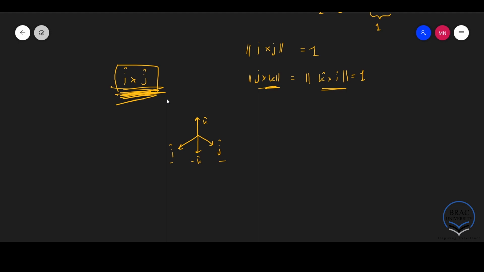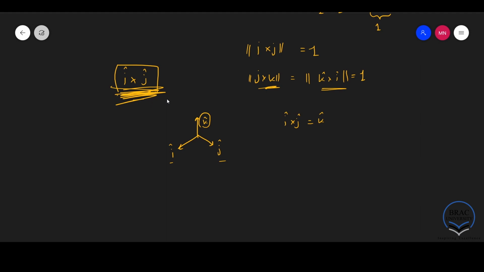So I can just apply the right-hand rule to determine which of these directions it is going to be. If I point my index finger in this direction and my middle finger in this direction using my right hand, I will find that my thumb will be pointing in the upward direction. So the vector i cross j is actually going to be in this direction. So i cross j is equal to k, in the positive k direction.